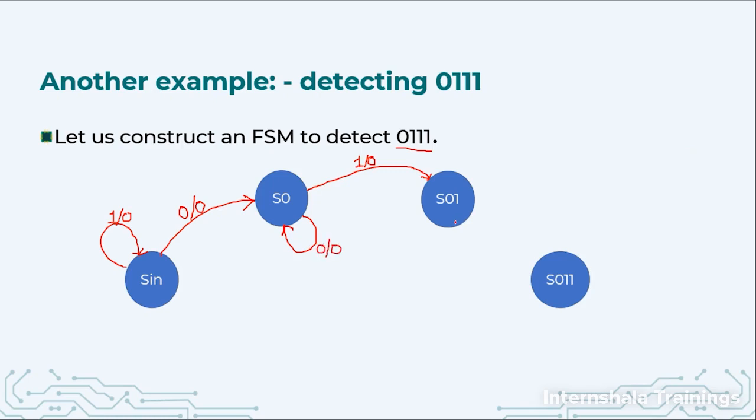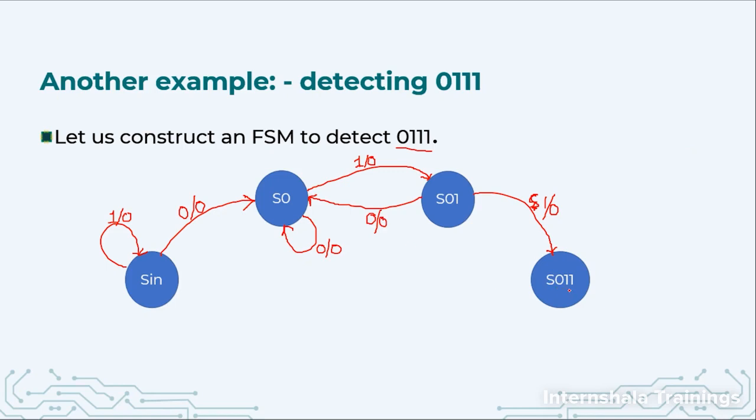From S01, if input is 1, we will go to S011. Okay, so this is input 1, output 0. Now from S01, if input is 0, then where should we go? Then we will go to S0. Right, now the important state S011.